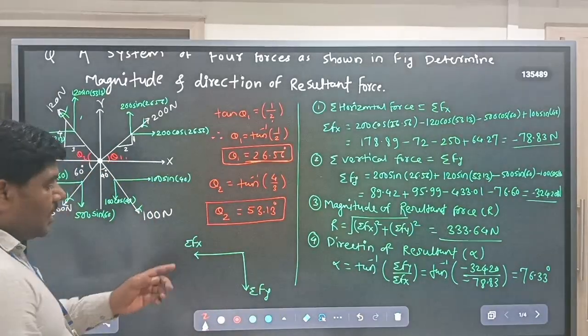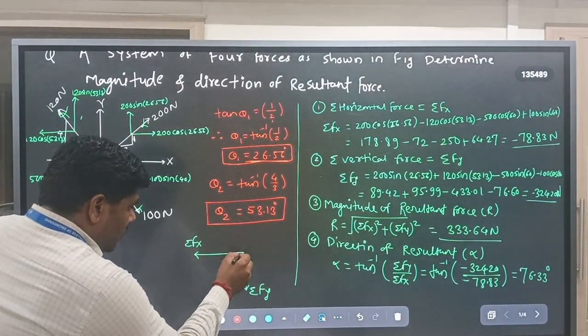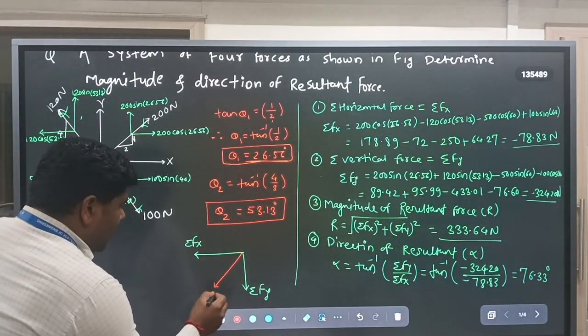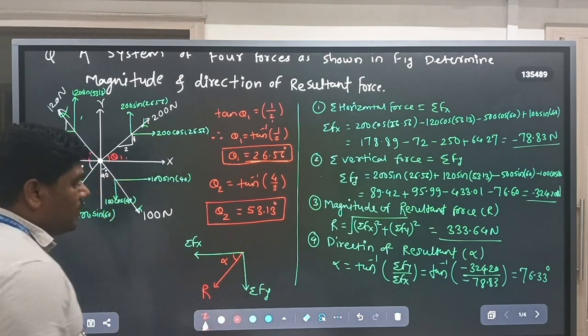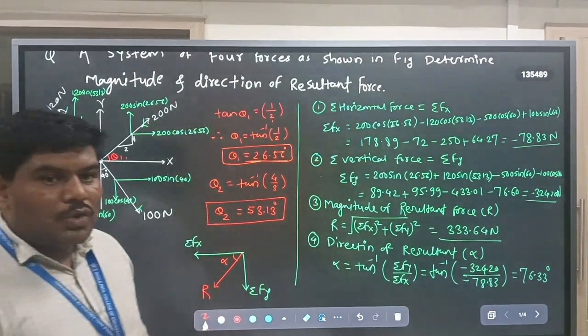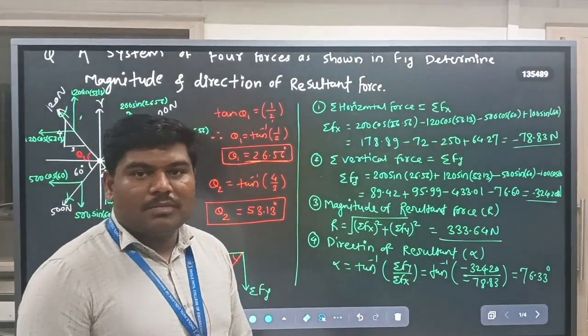Now the resultant is always in between these two, so this will be the direction of resultant, that is R, and this is your alpha. So this way you have to show the position of resultant force. Thank you.